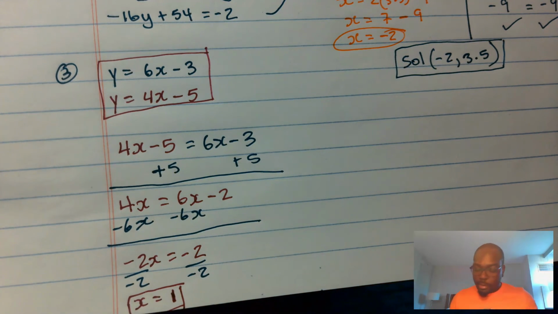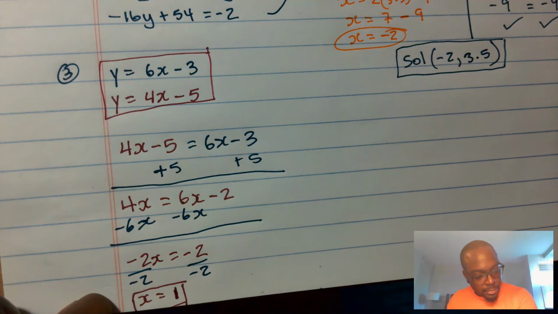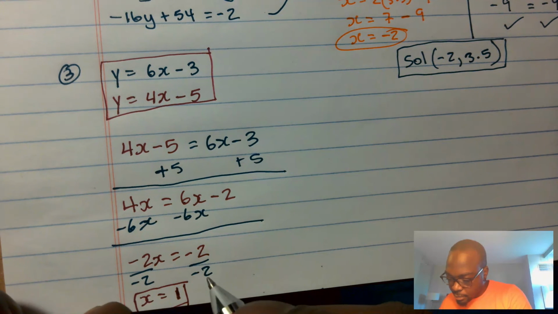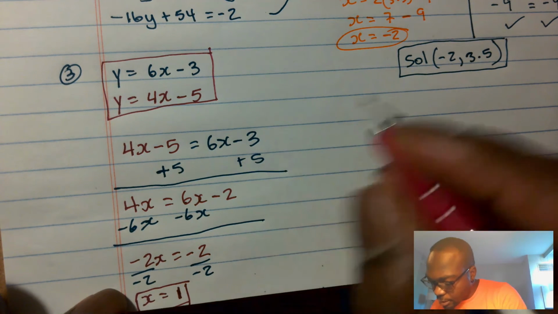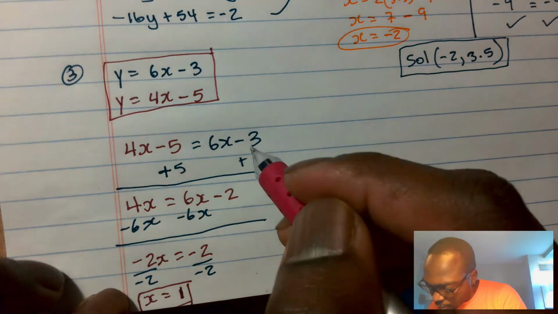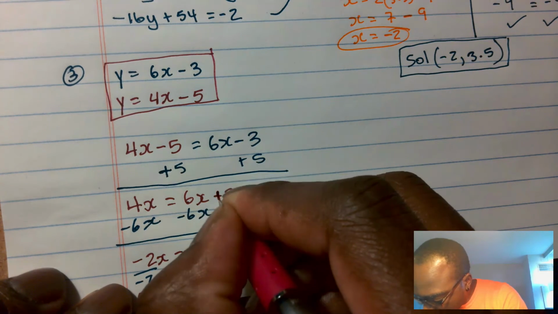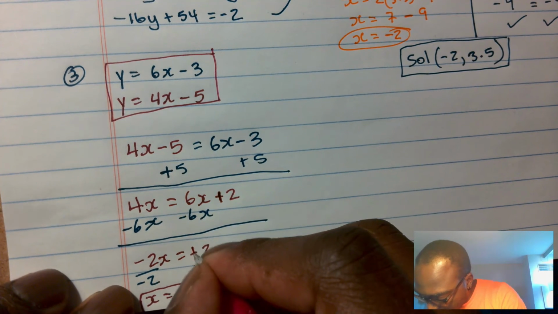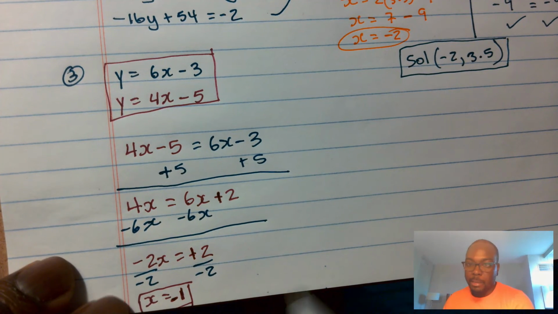Alright, so now if x is equal to 1, I just need to go over here. Oh sorry, this is supposed to be positive 2, so this is negative 1, sorry. I apologize for that.